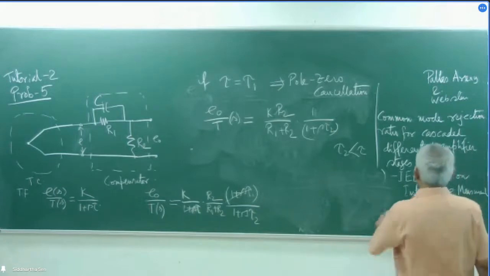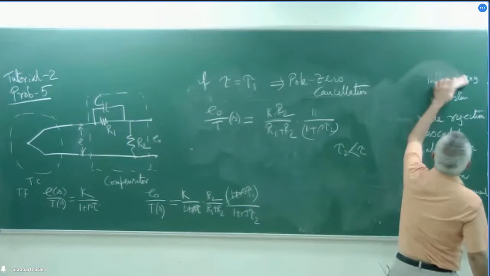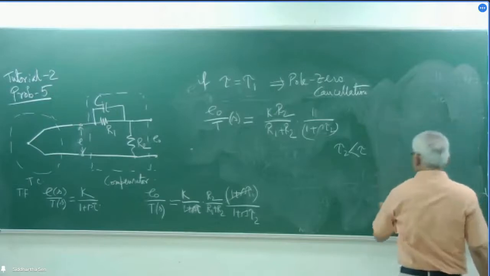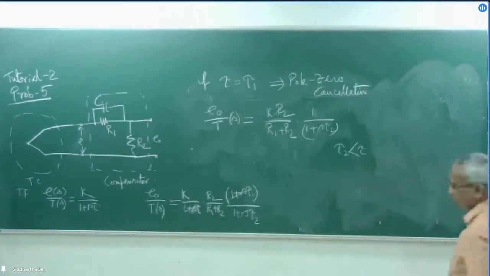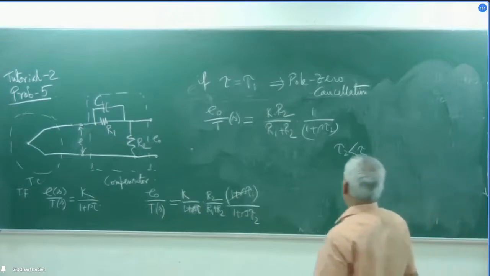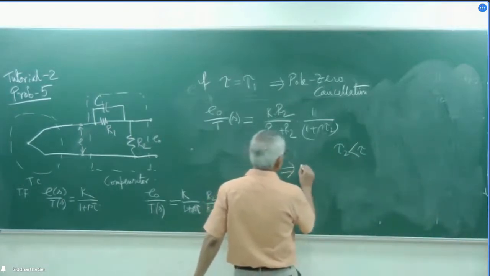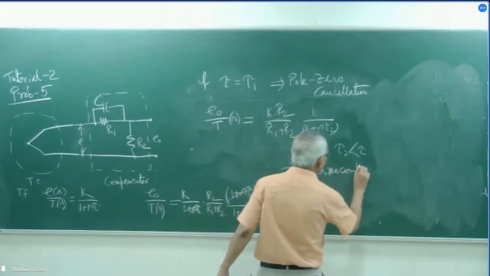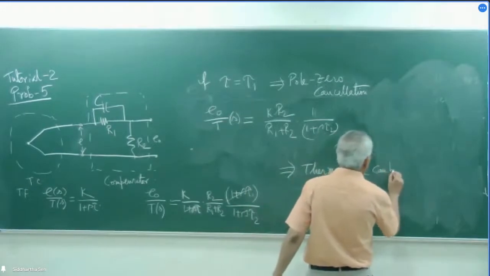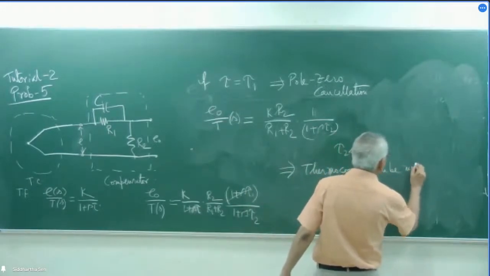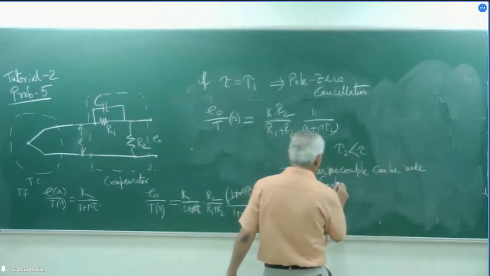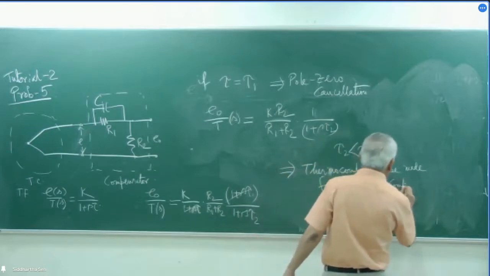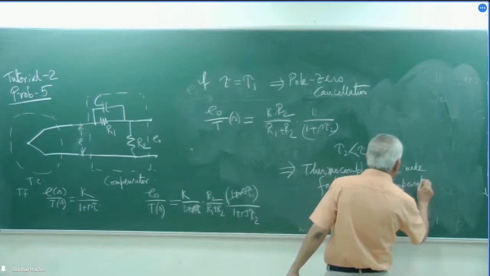And obviously, there are certain points. So what we can say is that the thermocouple can be made faster by incorporating a compensation circuit.